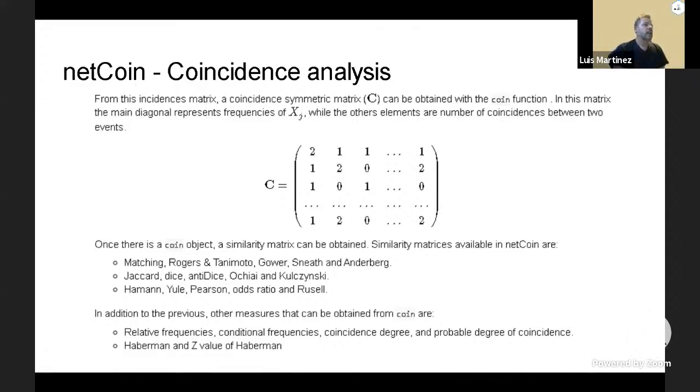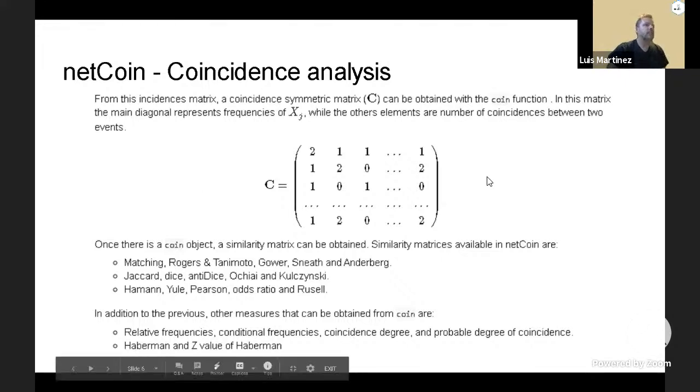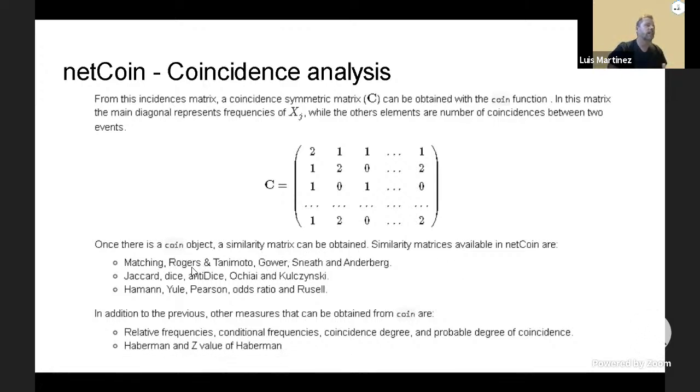And once you have this coincidence matrix, you can calculate a number of different similarity measures: matching, Rogers and Tanimoto, Jaccard, Dice, Hamann, Yule, Pearson, many of them that are possible to calculate using the netCoin package. In addition, the common relative frequencies, conditional frequencies, the Haberman or z value.